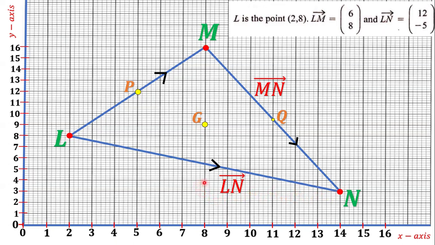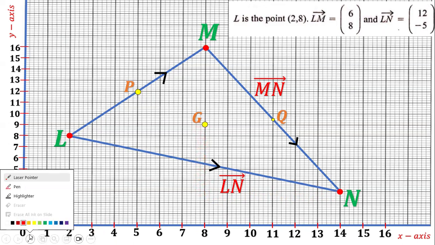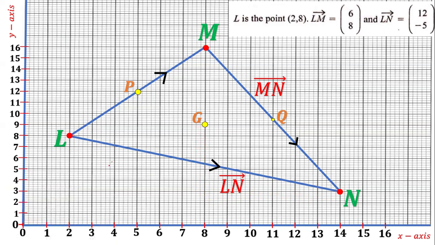And then 1, 2, 3, 4, 5, 6 above. So NG is equal to (-6, 6), because we move 6 times to the left and 6 times above. That's what NG is.